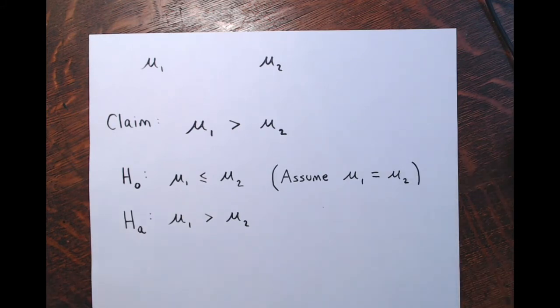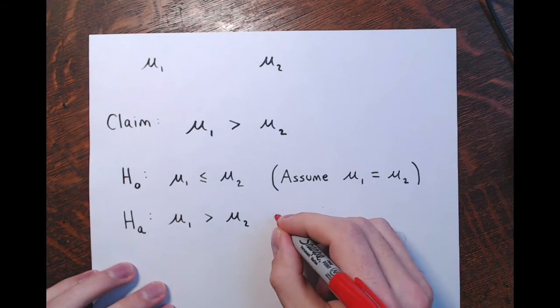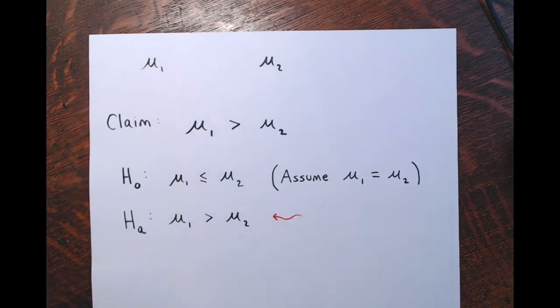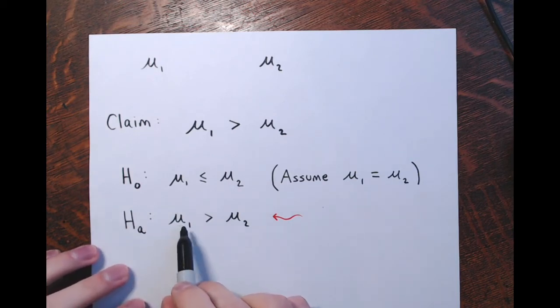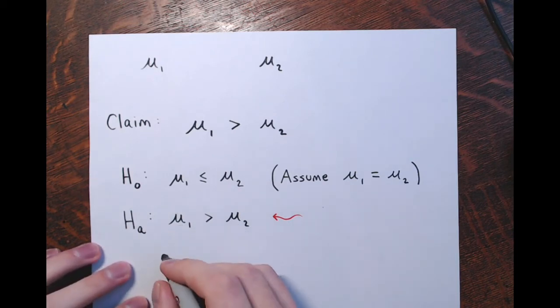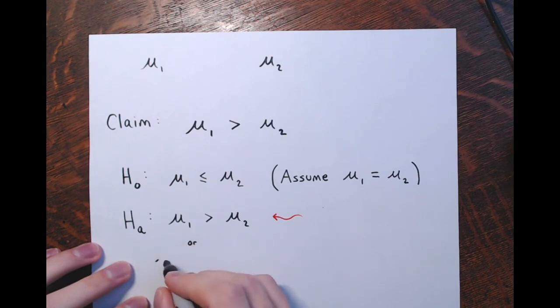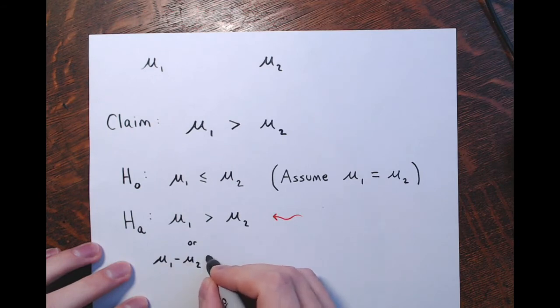Also, how the alternative hypothesis looks tells you what kind of test you're running, which will determine how many critical values you have if you're doing the critical value method, or basically how you'd calculate the p-value if you're doing the p-value method. So here I have mu1 is greater than mu2, or if I subtract, this is equivalent to saying that mu1 minus mu2 is greater than 0, and what I have here is a parameter greater than a value.